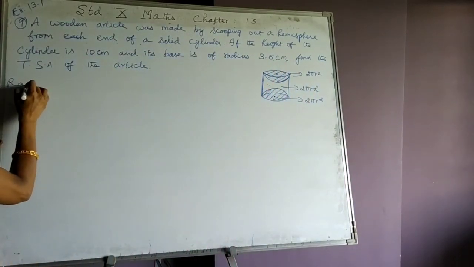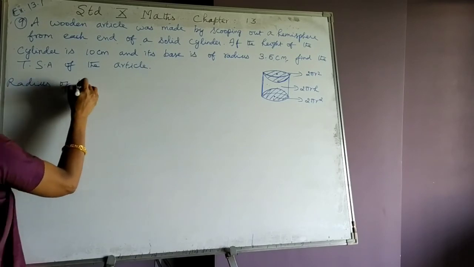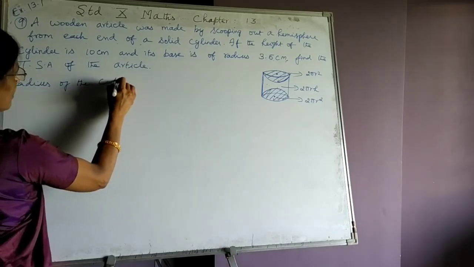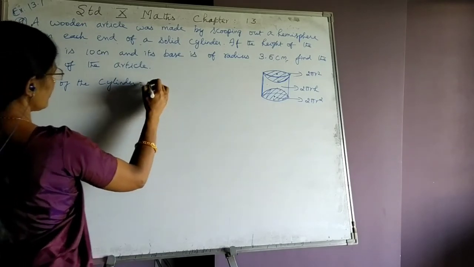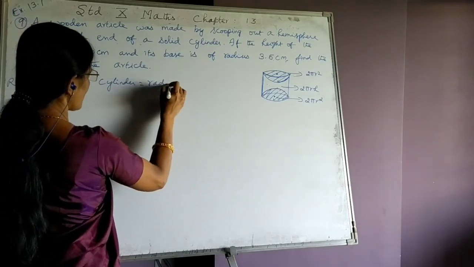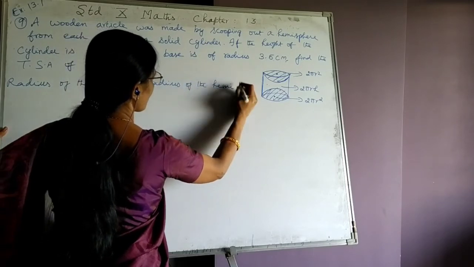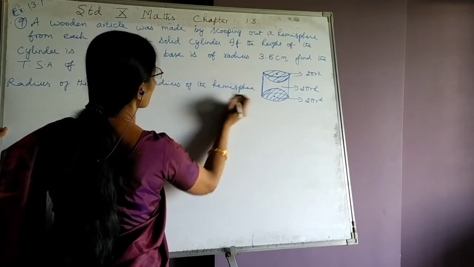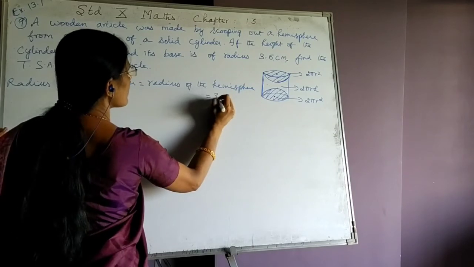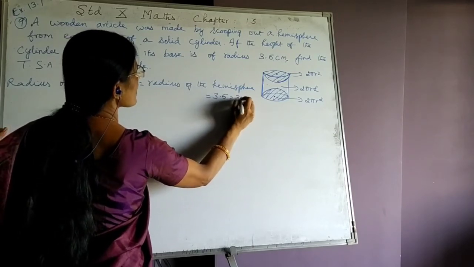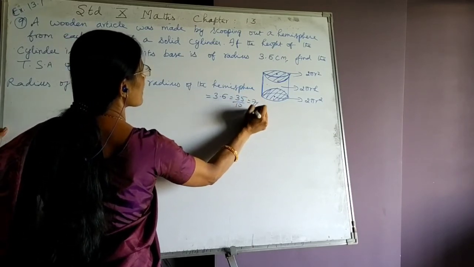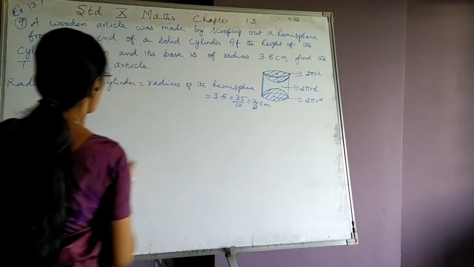So first let us write radius. Radius of the cylinder, which is equal to radius of the hemisphere, is equal to 3.5, which is 35 upon 10. I take 7 upon 2, easy for calculation.